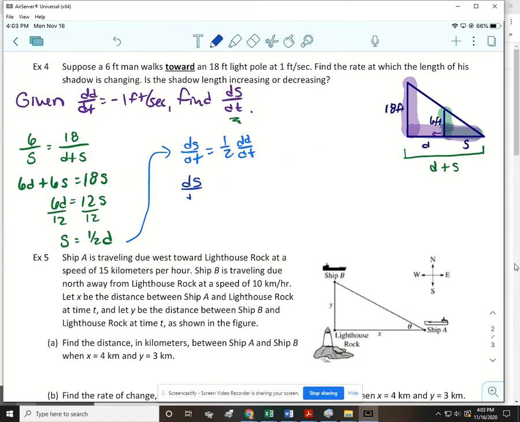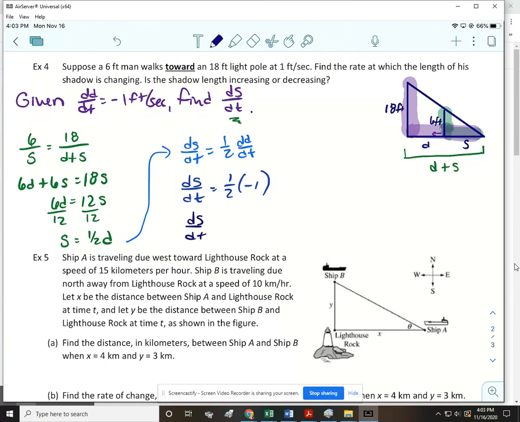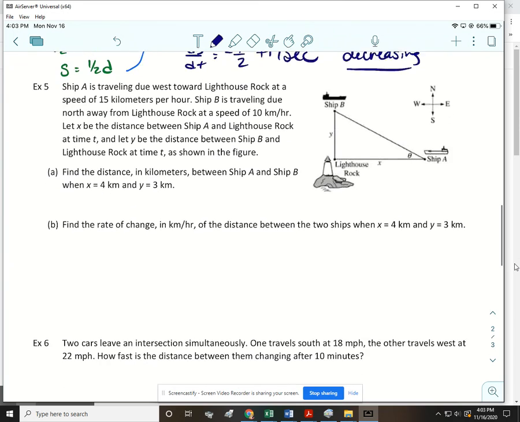And the only thing we have to plug in is dd dt, which is -1. So ds dt is equal to -1/2 feet per second. And the question is, is the shadow increasing or decreasing? That would be decreasing because we have a negative rate of change. Whew. Okay, a couple more.